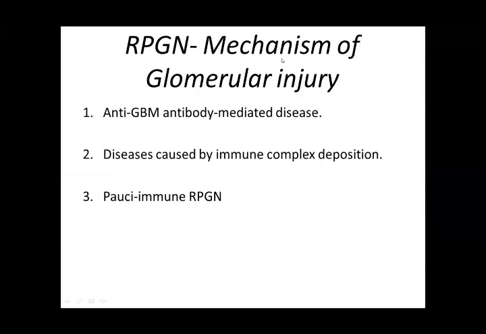Right. So, mechanism of injury. There could be 3 mechanisms of how the injury is created in this rapidly progressive glomerulonephritis.